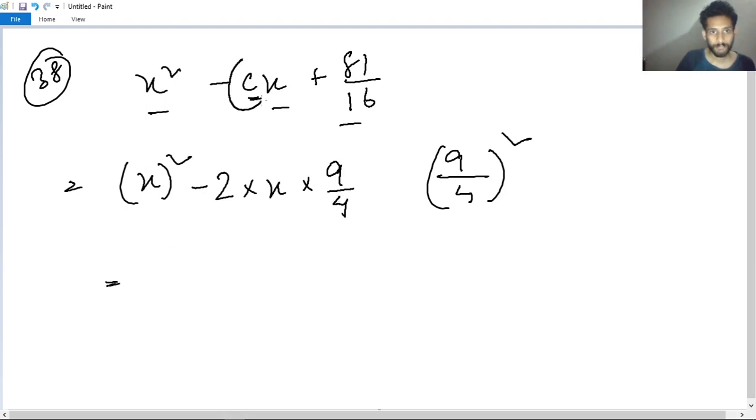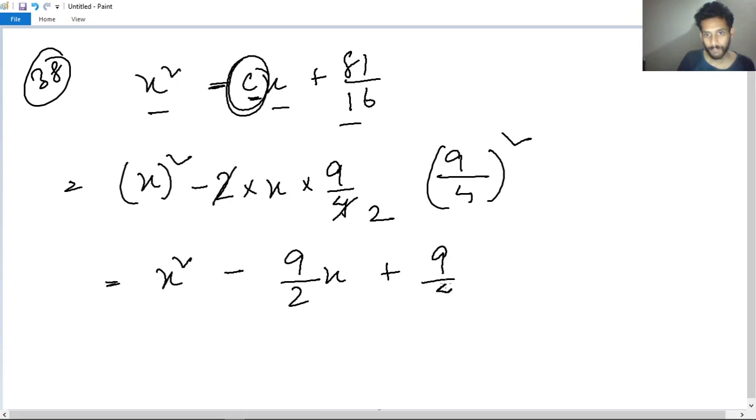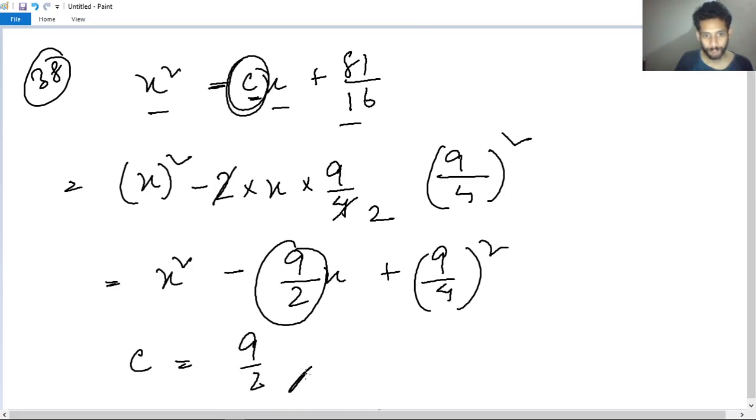We just need C. So here it will be x square minus 9 by 2 x plus 9 by 4 y square. So it is just the same. So the value of C will be 9 by 2.